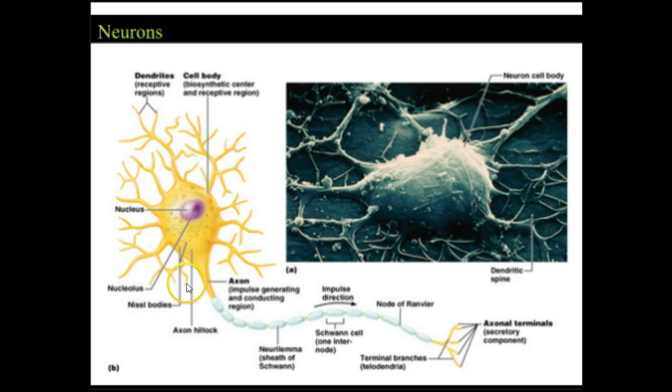We have our myelin sheath, which covers our axon, and then we have our nodes of Ranvier, which are the spaces in between the myelin sheath. If you can kind of see that on there. And then we have our axonal terminals. This is where, and we're going to talk about in just a minute, it's going to secrete that neurotransmitter the dendrites on the other neuron will pick up.